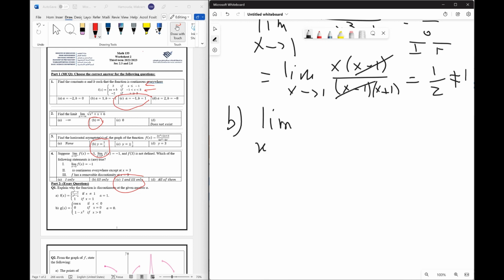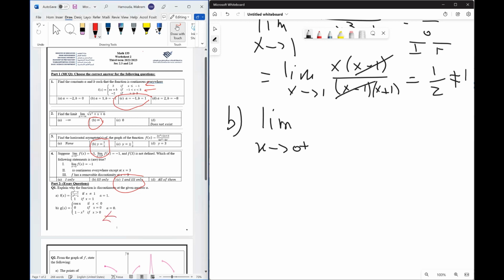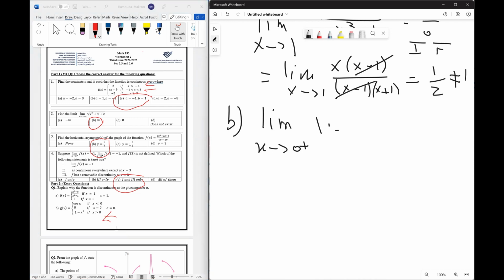So x approaches 0 plus. 0 plus, that means I am in the region number 3. So I will take the limit of 1 minus x squared. Okay, and when I substitute, it will be equal to 1.